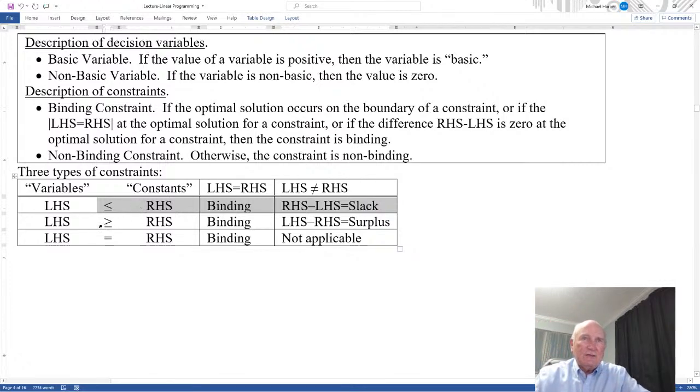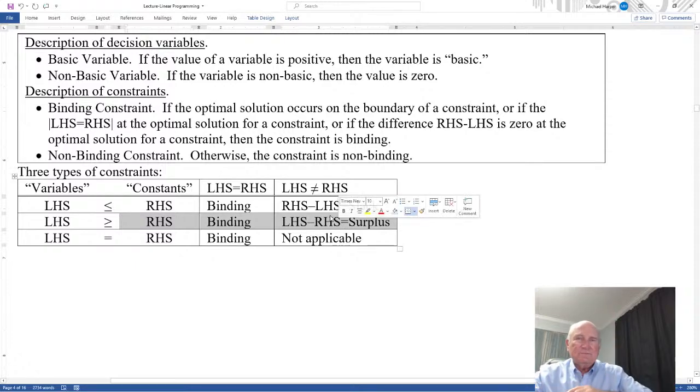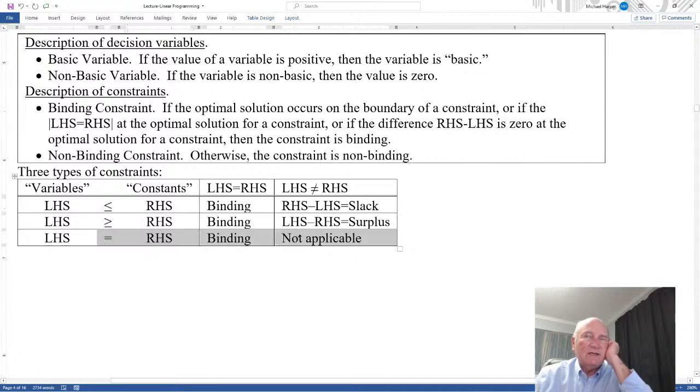For a greater than constraint, the difference will be called surplus. And for equality, it doesn't apply because it'll never be not equal, because it's constrained to be equality. As far as graphing, I'll show you how to graph probably next week.